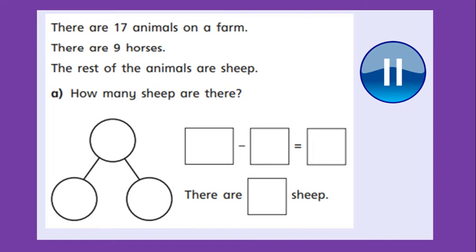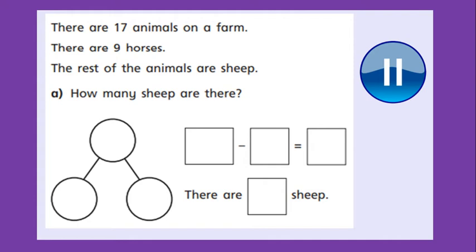So what I recommend you do is use counting objects for this activity. And I would get a template, a whole part model template. So draw a nice big circle at the top for your whole number. And then draw your 2 parts coming down. And then I would count out 17 because that shows all the horses and all the sheep together.